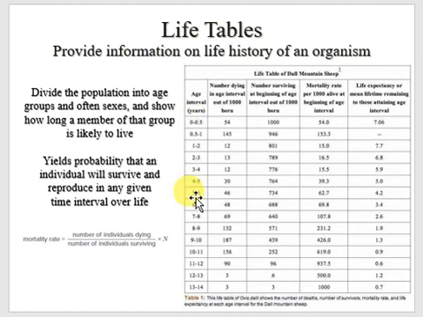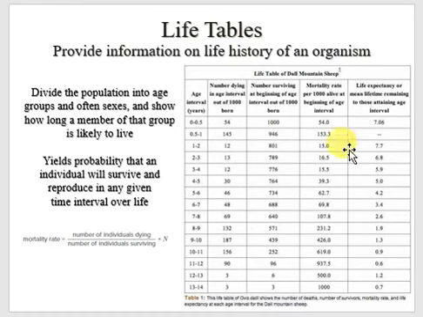Some tables will show number of years, some may be number of days, some may be hours if you're talking about very short-lived species. For these guys, these are K-selected, so they have longer lifespans. So their age intervals are numbers of years.